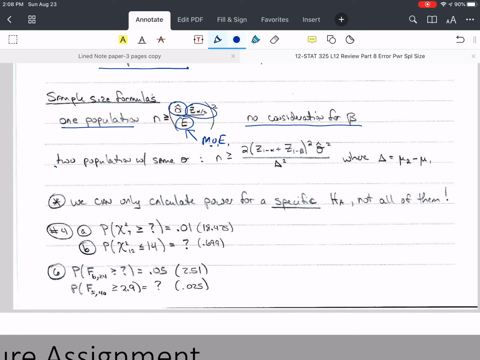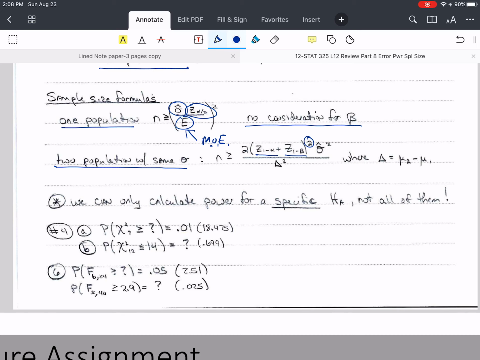Now, if we have two populations with the same sigma, and we'll learn in Chapter 5 why we're talking about only this case, because that's the only case we can deal with well in statistics, then n will be greater than or equal to z sub 1 minus alpha plus z sub 1 minus beta. So we add those two together. So now we're taking that into consideration.